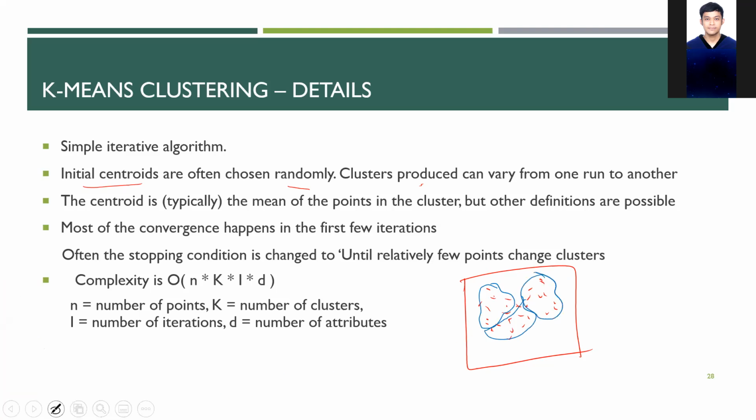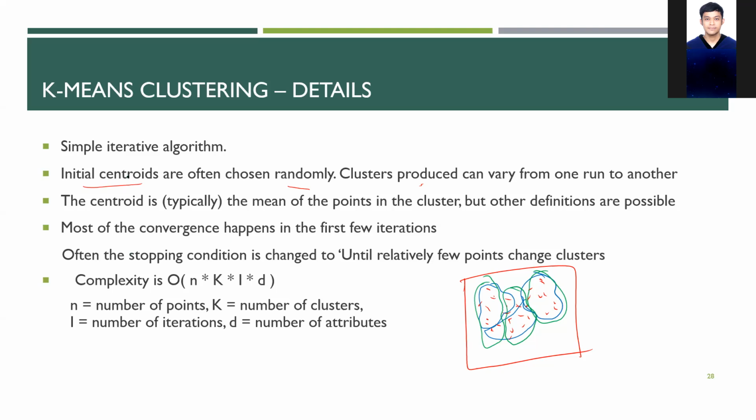But next time we run again with a different initial centroid, maybe the result will be different. For example, it will be like this, second cluster and the third cluster. So it really commonly happens if we use k-means.